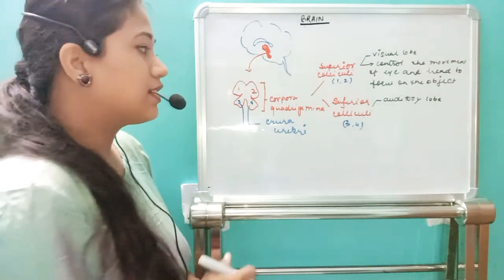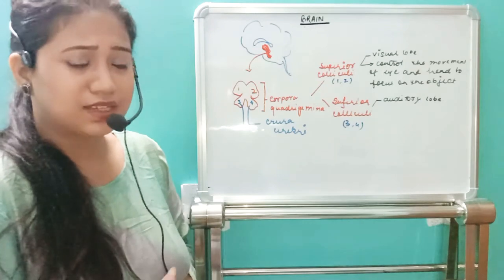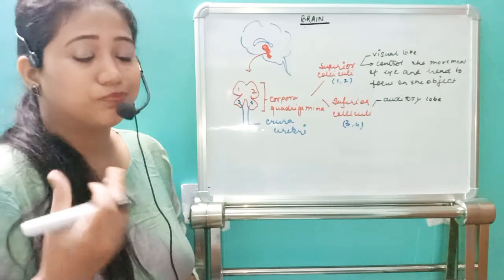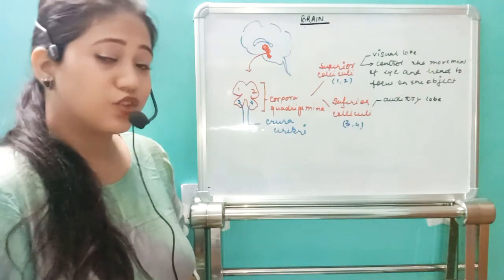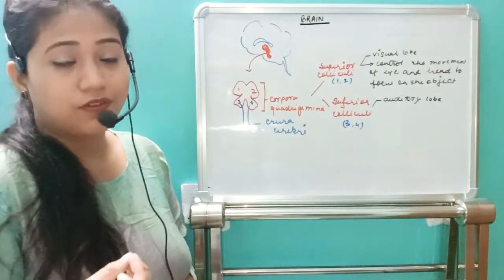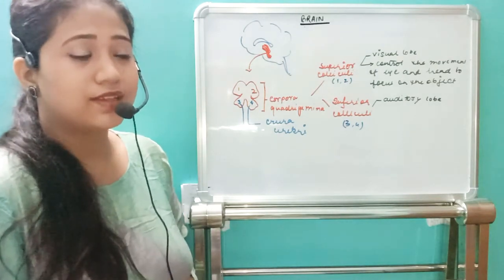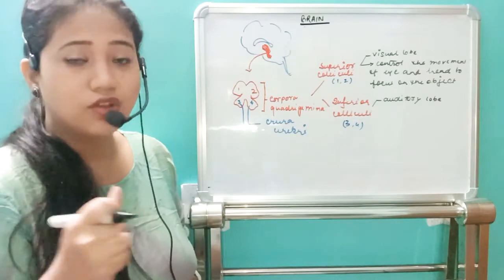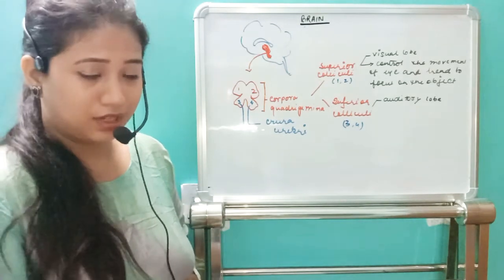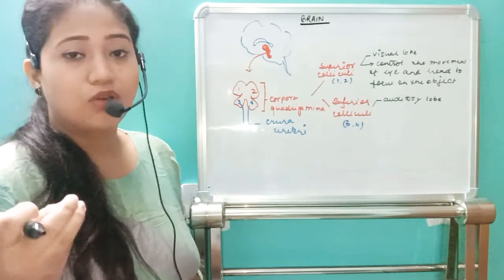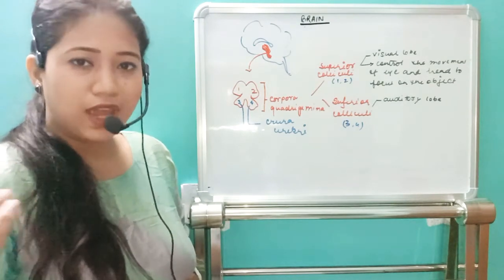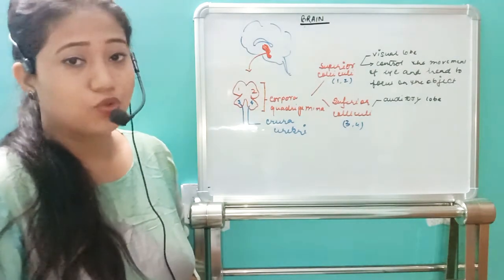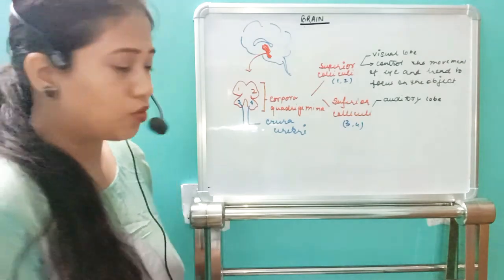Interesting. After that, let's move to the next one. The same thing is happening with the auditory lobe. As you can now understand, it controls the auditory reflex. How does it control the auditory reflex? Suppose you hear a sound somewhere, then we turn our head so that we can properly hear it. Towards the direction the sound waves are coming from, we turn our head so that we can properly hear.